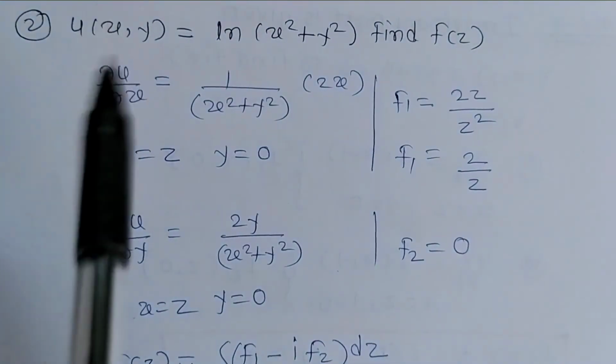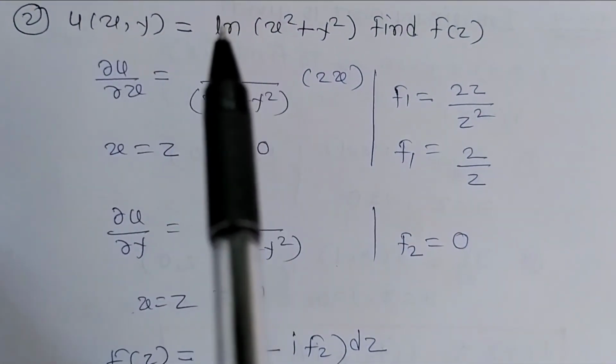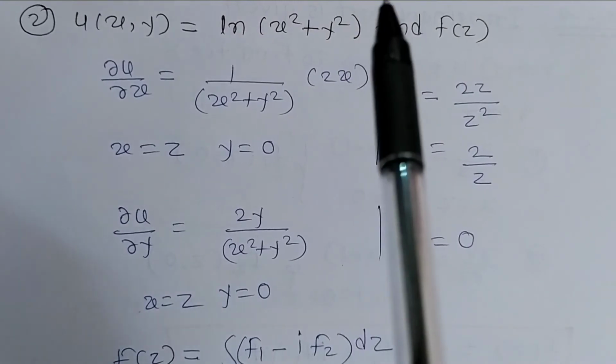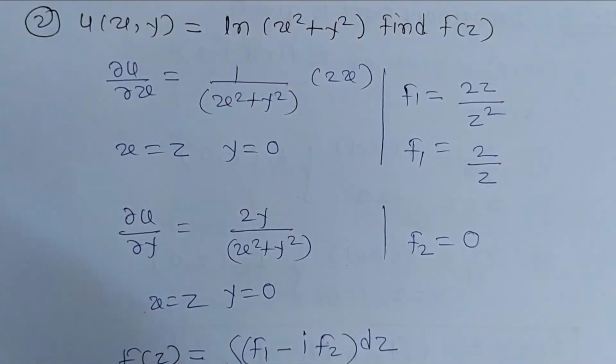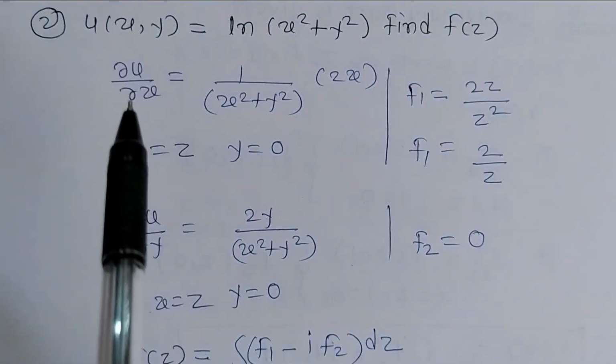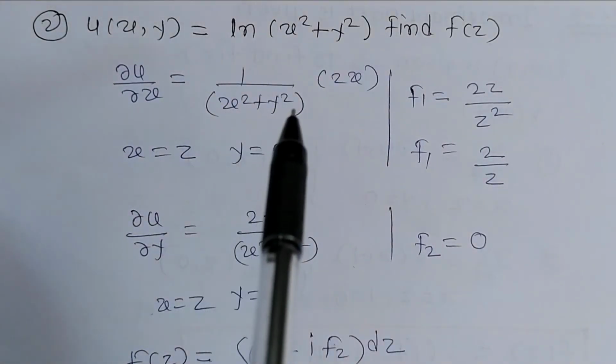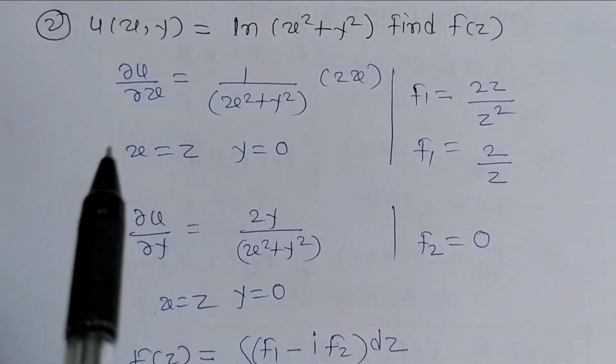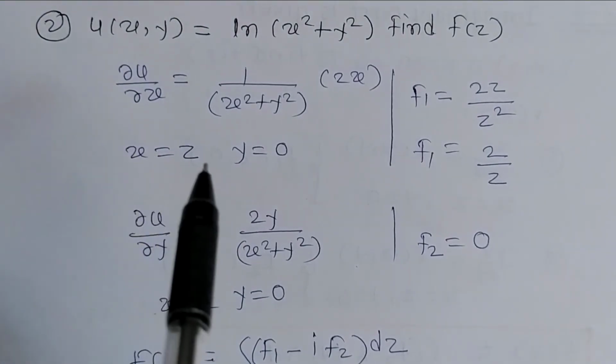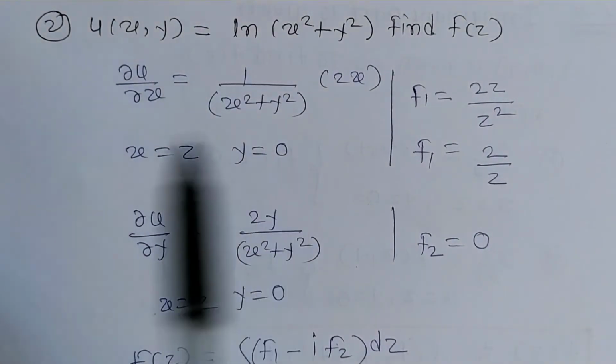The second question is u of xy is equal to ln of x square plus y square, and we have to find the f of z. So dou u by dou x is 1 upon x square plus y square into 2x, and we put x is equal to z and y is equal to 0.